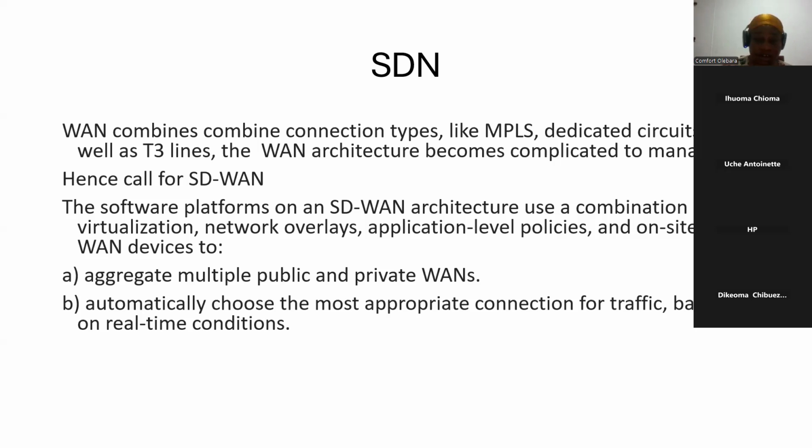You don't have to buy physical infrastructure, and you get virtual routers, virtual controllers for all the network. In a virtually controlled network, you have the data plane, the management plane, and the control plane. All these three planes make up what manages your network.